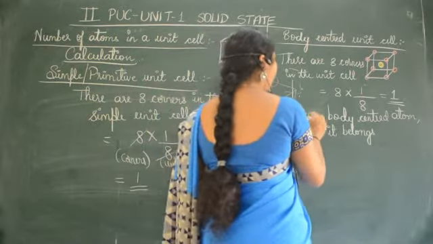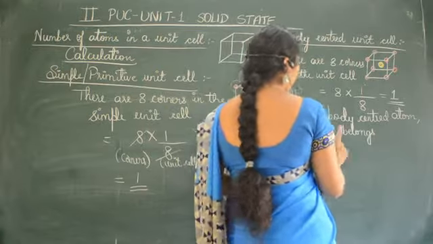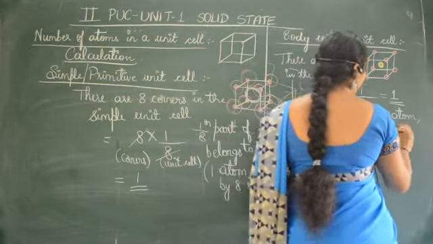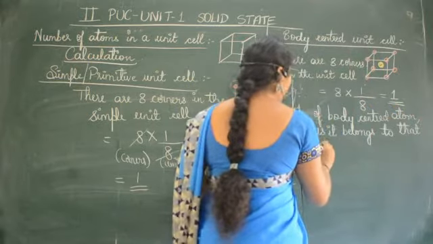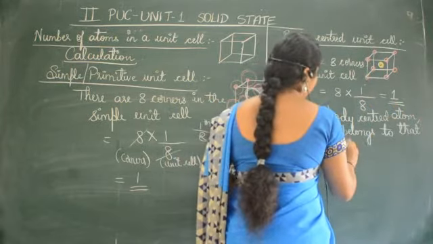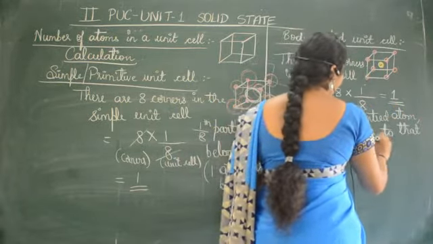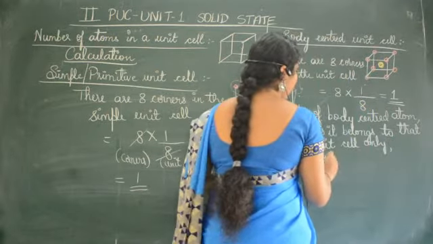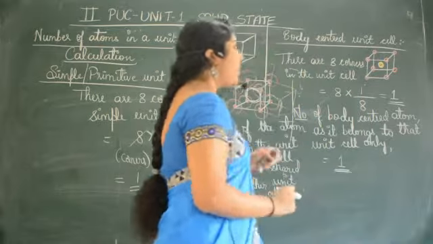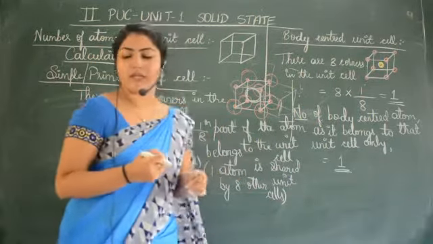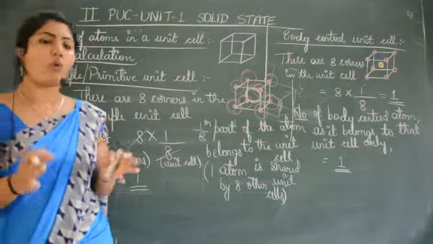The number of body-centered atoms is 1, as it belongs to that unit cell only. Now what are we calculating? We are calculating the number of atoms in the whole unit cell.